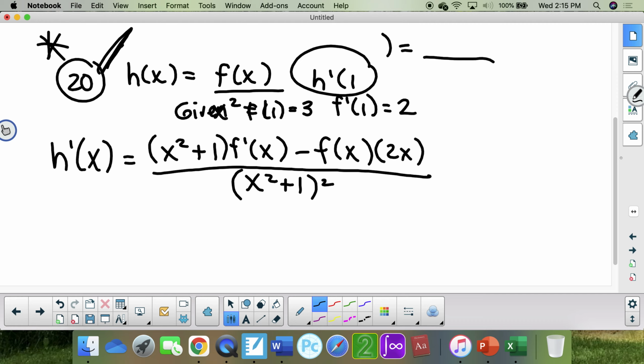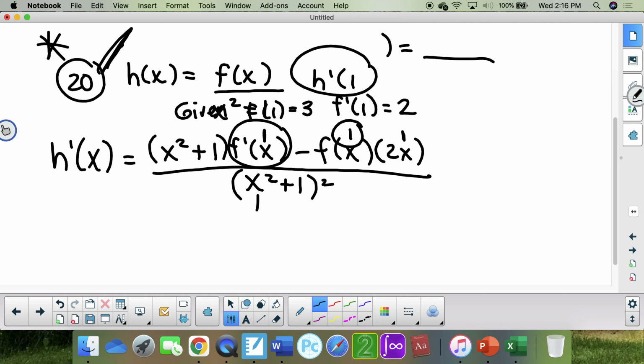And then if f of 1 is equal to 3 and f prime of 1 is equal to 2, you're trying to do 1, so f prime of 1 goes there. You're going to do f of 1 goes there.